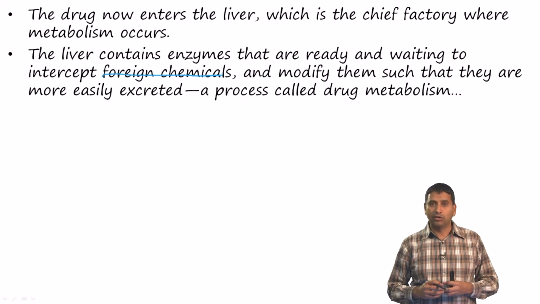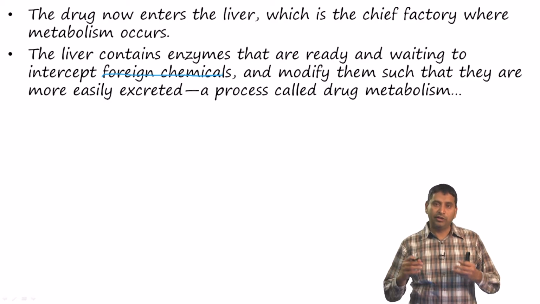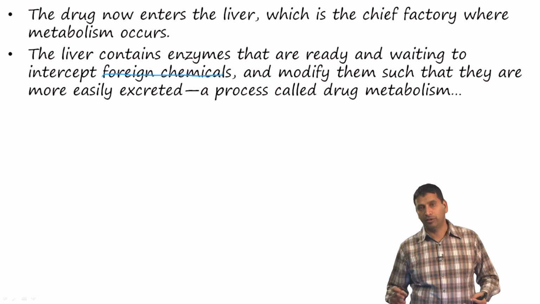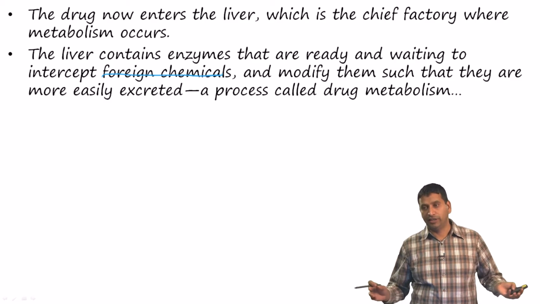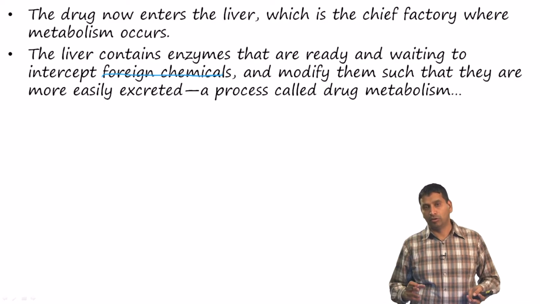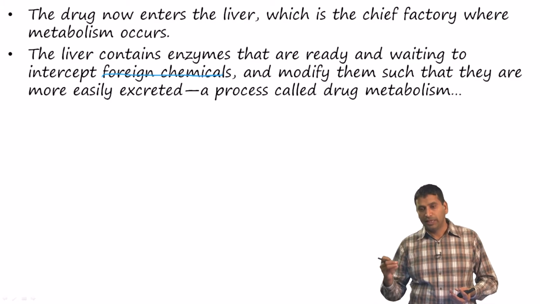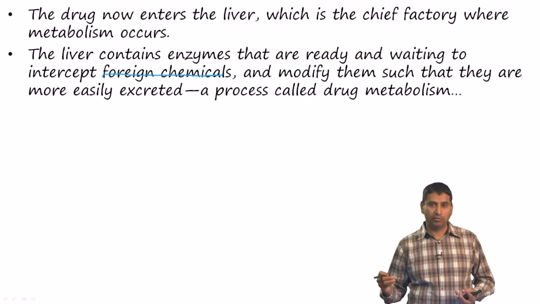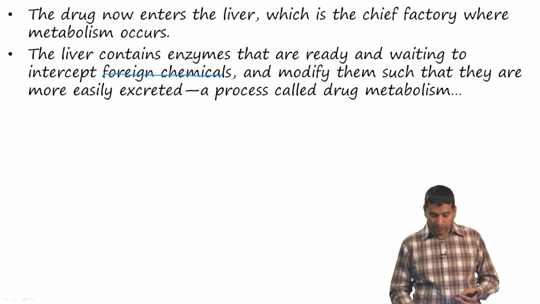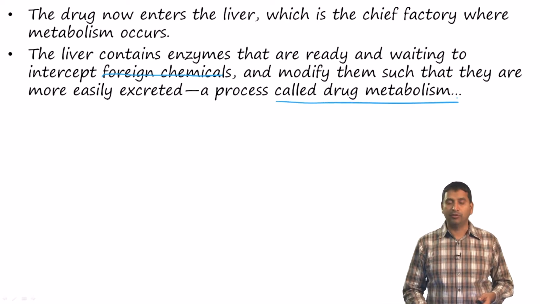Now, the role of these enzymes is to actually modify these drugs, to break them down or put something on it so that it is easily excreted. So, the major role of these enzymes is to make the drug or the foreign molecule into easily excretable species, and this process is called metabolism.